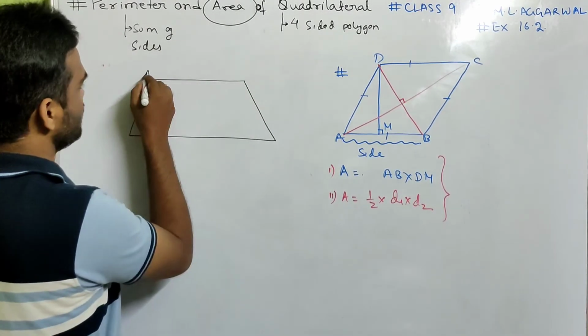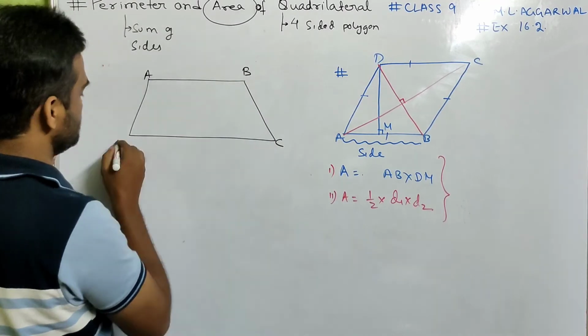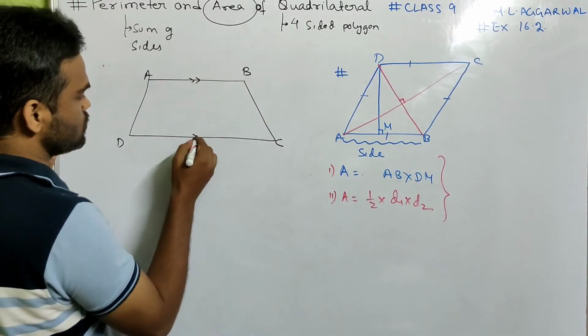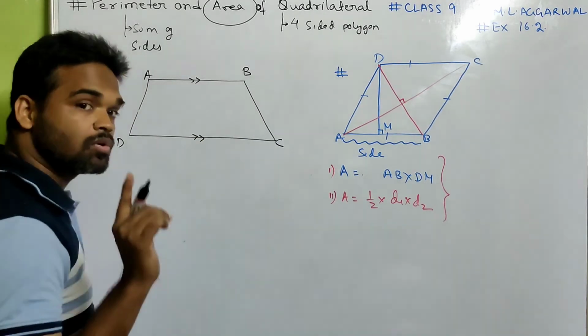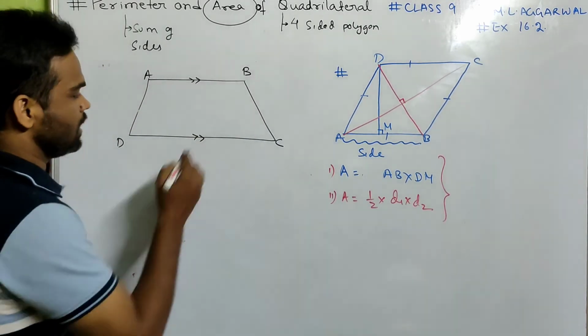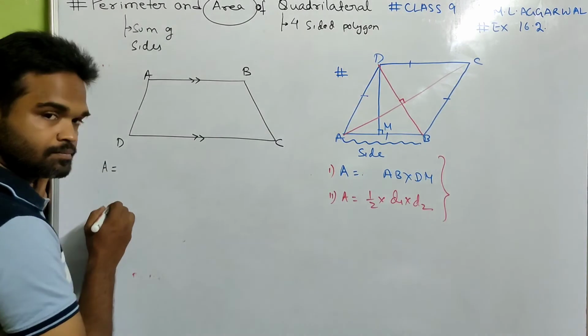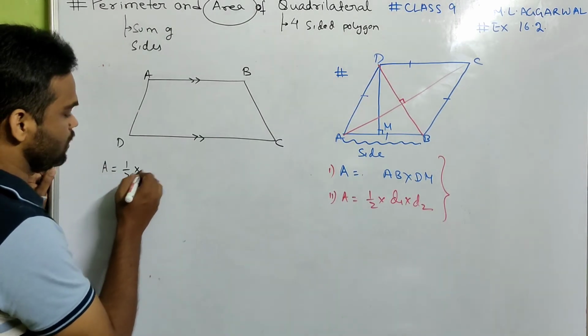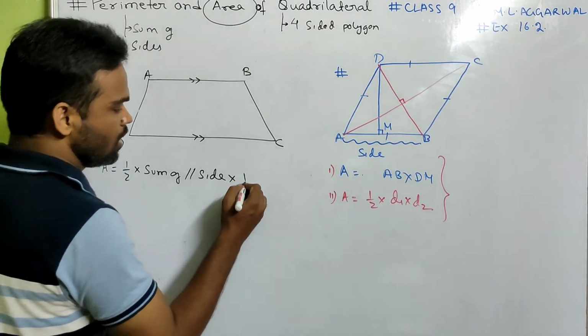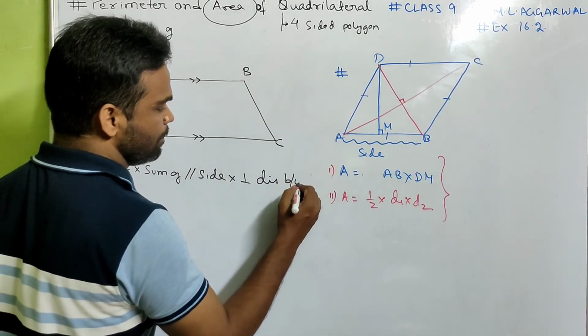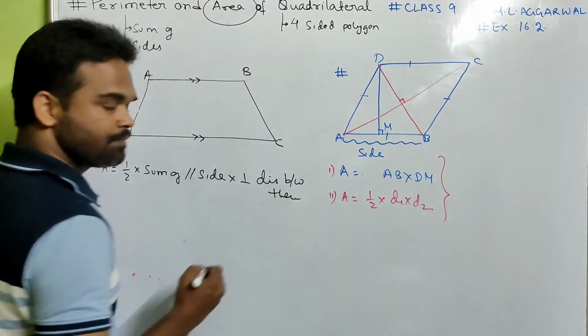Look over here, A, B, C, D. These two sides, AB and DC, are parallel to each other, and these two sides are not parallel to each other.